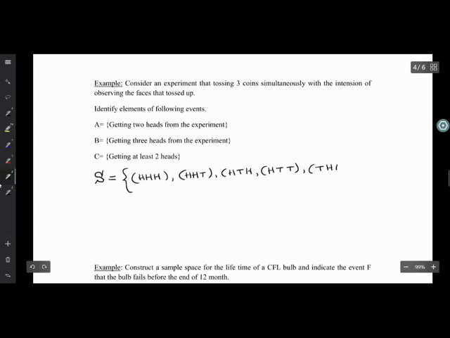If you look at all the possible outcomes, you will end up with 8 of them. The knowledge you got from permutations and combinations will help you identify the number of possible outcomes that you will get by tossing 3 coins. So you can make sure you do not miss any outcome.